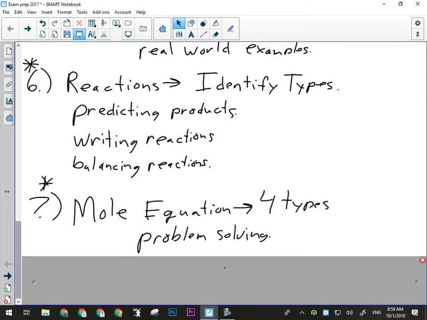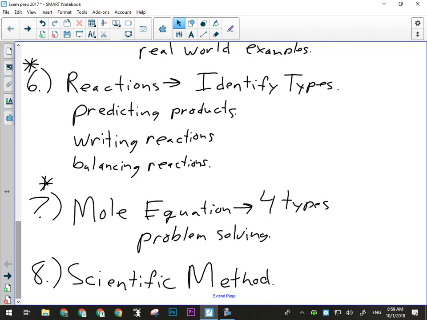All right, and then the very last thing here, guys, has to do with the scientific method. You had 2 labs in this unit, right? You had to identify variables in those labs. You had to generate hypotheses and things like that. So expect that there will be a couple of multiple choice questions related to the scientific method.